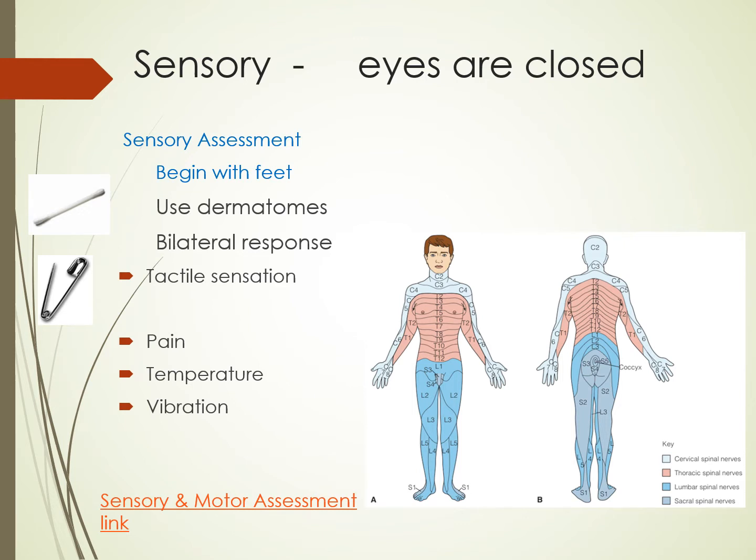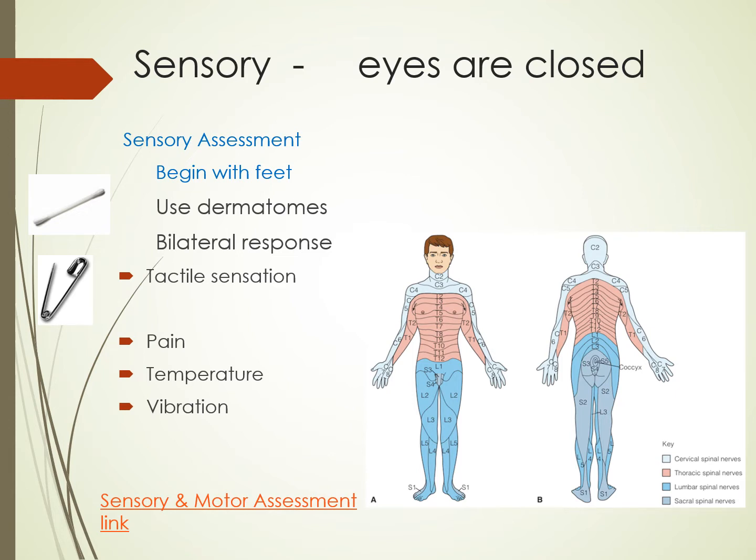So what we want is to use light touch, might be a Q-tip, a little bit of pain, might be a pin or maybe a broken Q-tip. For vibration, you can use a tuning fork. There is a nice sensory and motor assessment link if you want to try that.